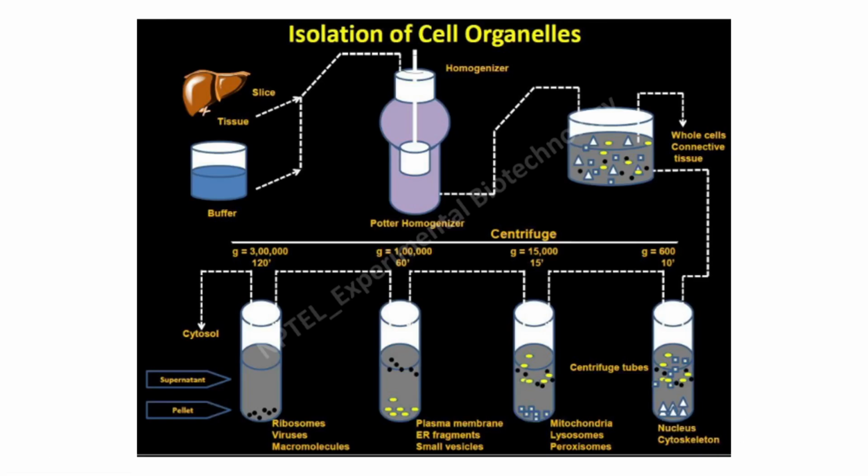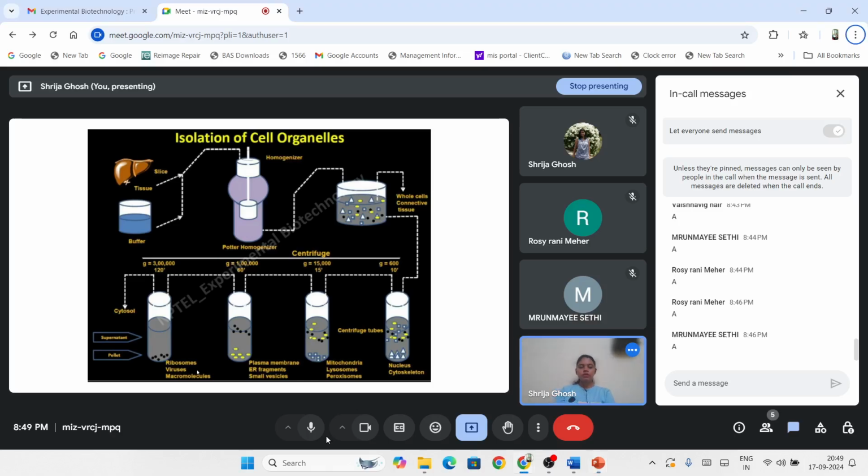Then mitochondria, lysosomes and peroxisomes will settle down, then plasma membrane, ER fragments and small vesicles will settle down, and then the lightest material, that is ribosomes, different viruses and macromolecules, will settle down. Okay, so this is how we do fractionation by differential centrifugation.